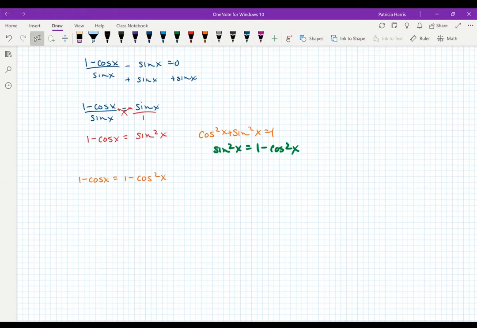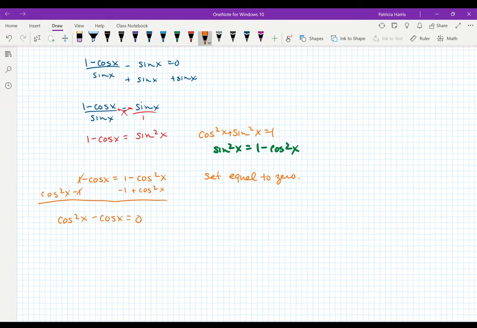So now I'm going to try to get everything together again because I have a cosine squared. That kind of looks like a quadratic. So I'm going to set equal to 0. So I get cosine squared x, the ones will go to 0, minus cosine x equals 0.